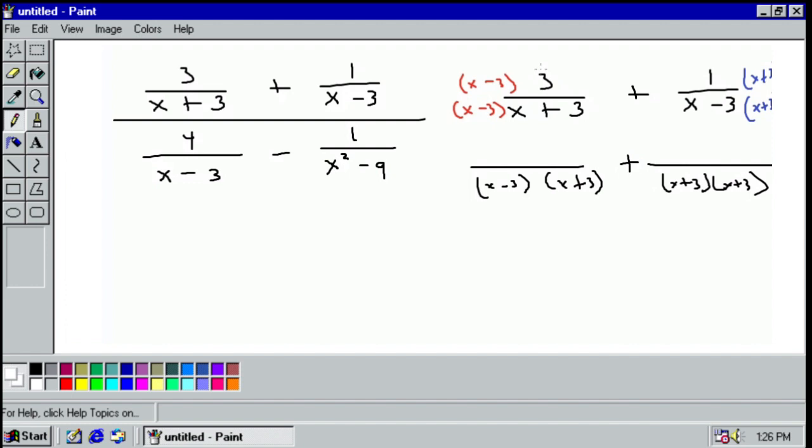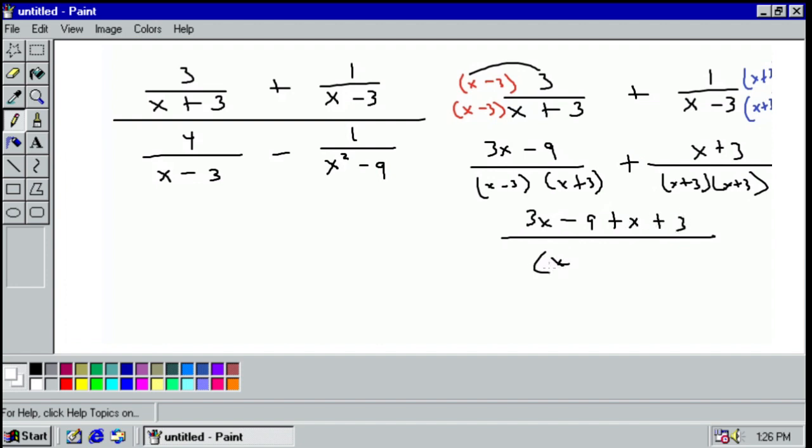Now let's distribute: 3 times x is 3x, and 3 times negative 3 is negative 9. And since this is 1, let's just copy x plus 3. Now we can combine them into a single fraction, since they have the same denominator. And now let's add the like terms.